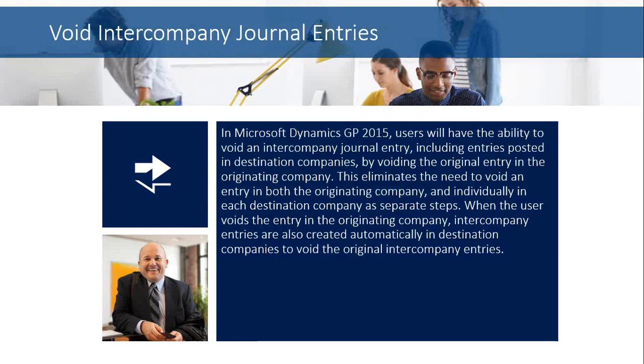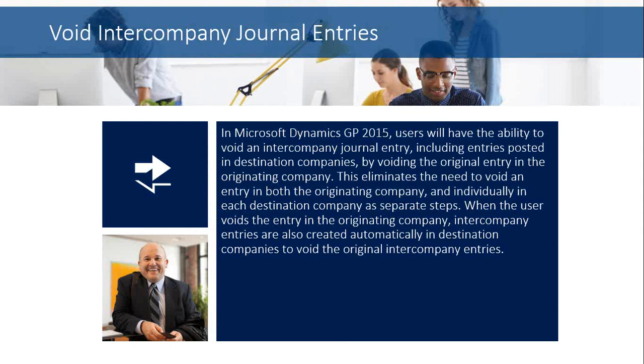Not only can you now have greater visibility more easily into intercompany transactions, but you'll also have the ability to void those transactions, and it will actually void the transaction within both companies.